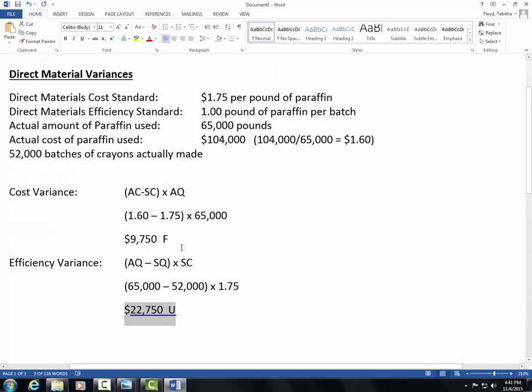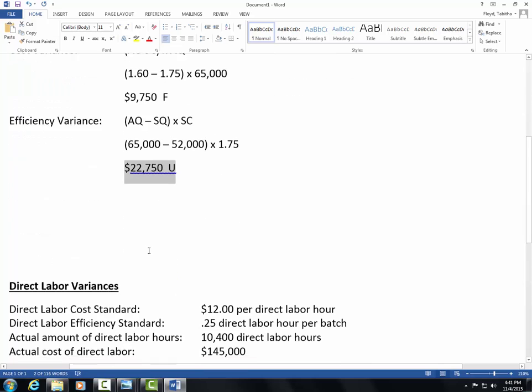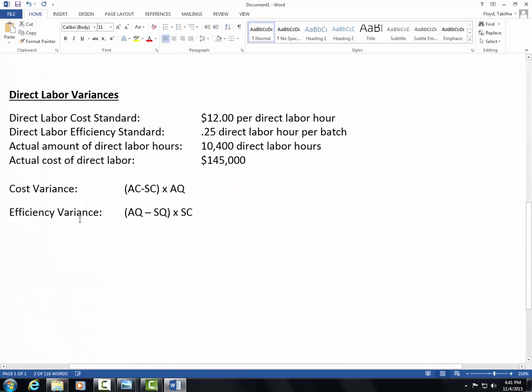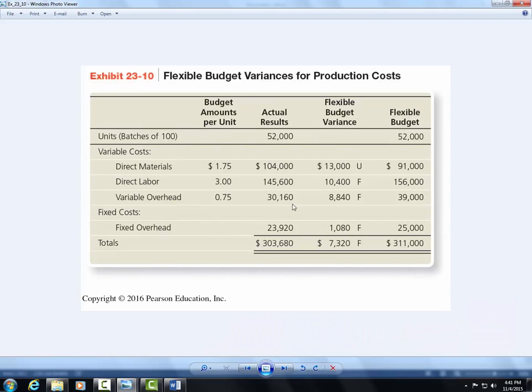Now, that's the direct material variance. The formulas are the same for the direct labor variances, the cost and efficiency. So let's look back at our flexible budget. Our flexible budget showed our direct labor costs were $10,400 less than what we thought we were going to have. So we had a $10,400 favorable direct labor variance, and we want to explain that.